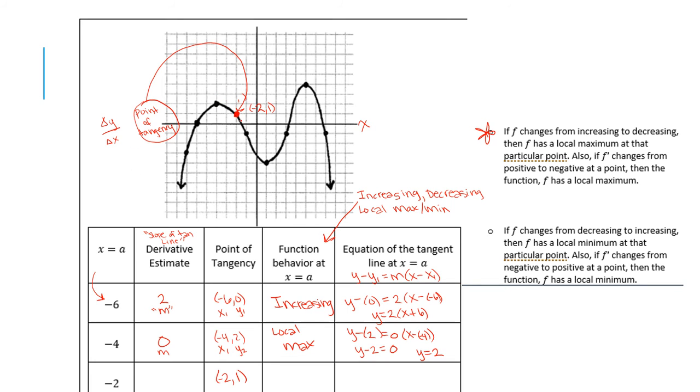I'm going to draw a rough estimate of my tangent line, which means I can only intersect the graph at one point. So I'm going to try to draw this out. This is kind of challenging. Okay, so there's a rough estimate.